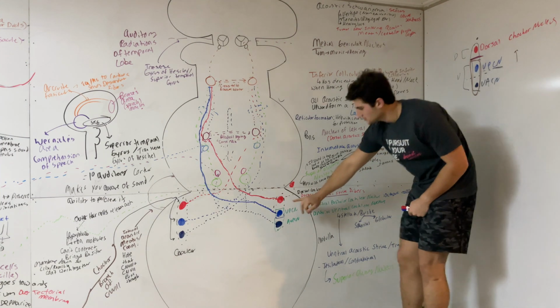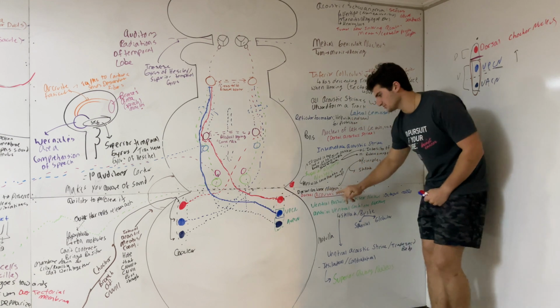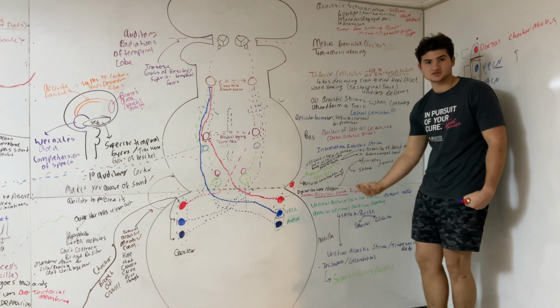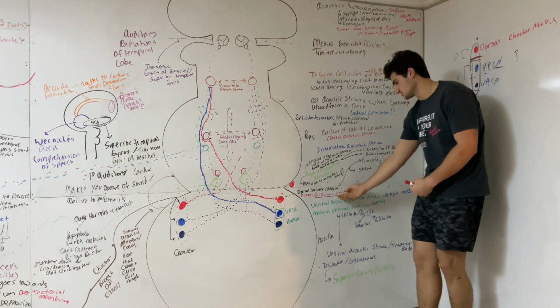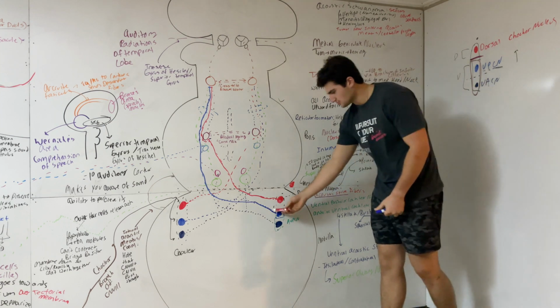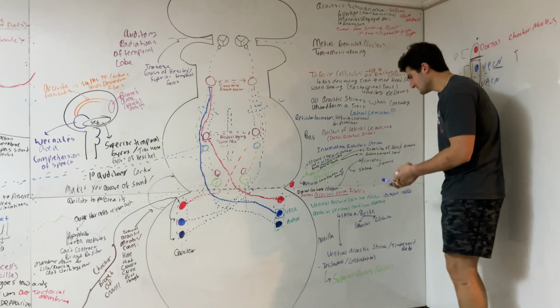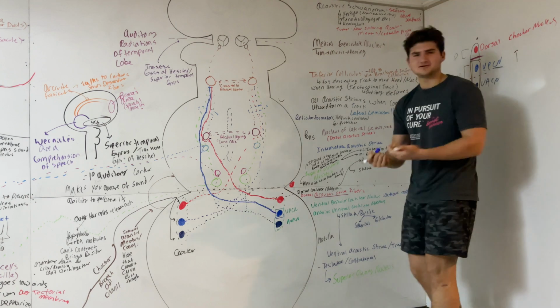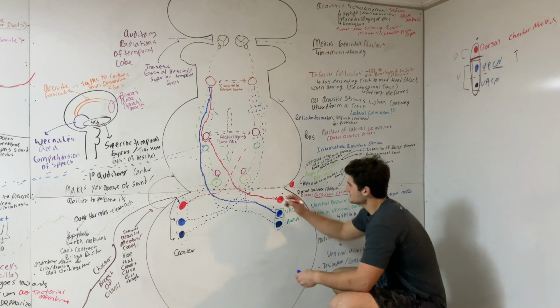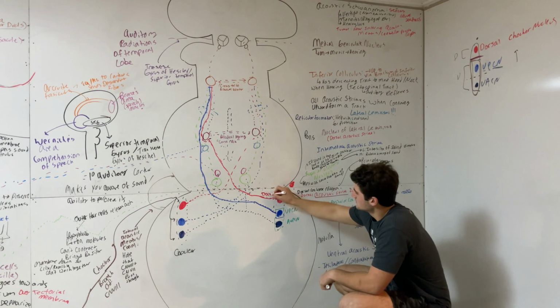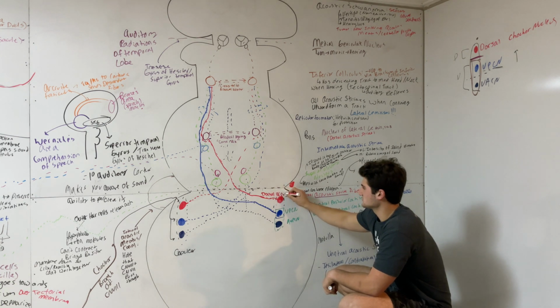Now, the next one I want to talk about. Okay, so you know the red region, right? The dorsal cochlear nucleus, he has the dorsal acoustic striae fibers. The blue region is going to have intermediate striae fibers. That makes sense. Dorsal is dorsal acoustic. Acoustic is for hearing.